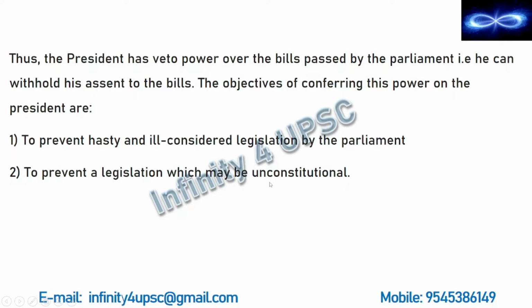And even if that bill has been made into an act by Parliament, the judiciary comes forward and it can strike down such an act, saying that it is unconstitutional. So it is good that you do not make any law which is unconstitutional, because anyway it is going to be struck down by the judiciary. So in order to avoid these two mistakes, the President has been given the veto power.